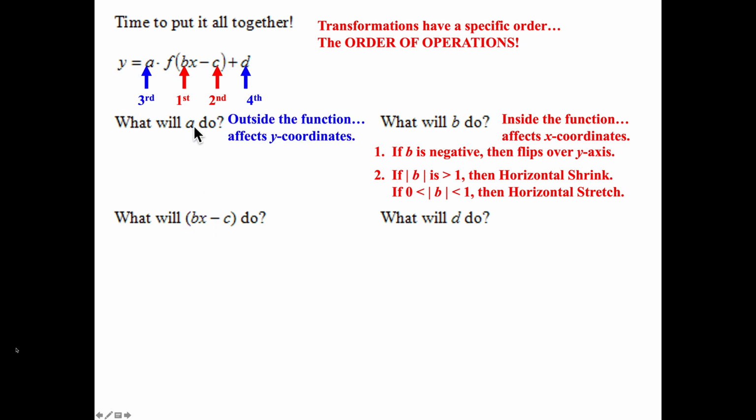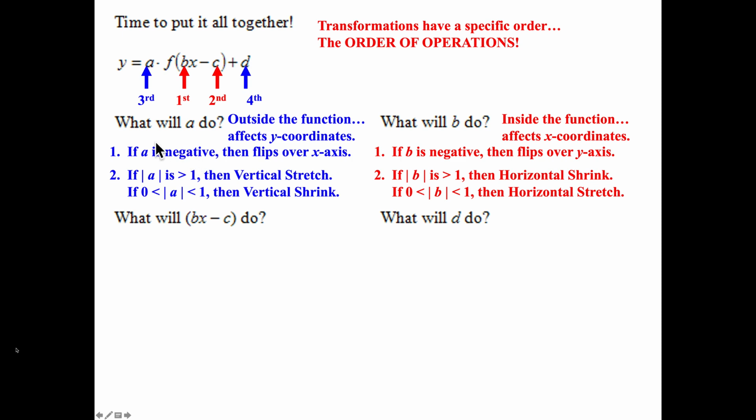Okay? All right. Now, I should go to here second, but I'm going to go to A next for the following reason. This is on the outside and it affects the y-coordinate. So I want you to look at the 2 rules for 1 and 2 in blue and compare them to 1 and 2 in red for the b. If you notice, all the x's and y's are switched. Every terminology is its opposite.